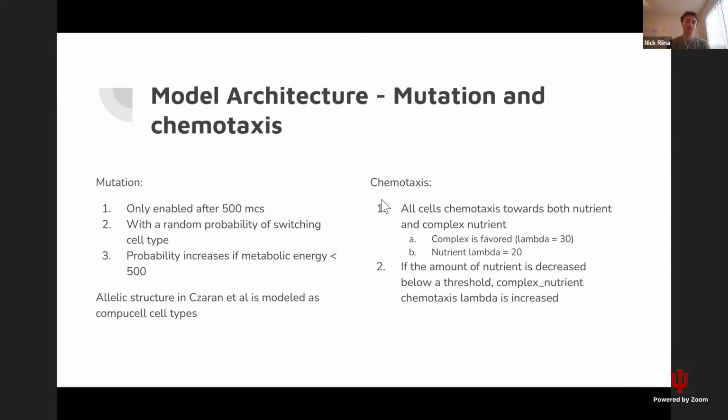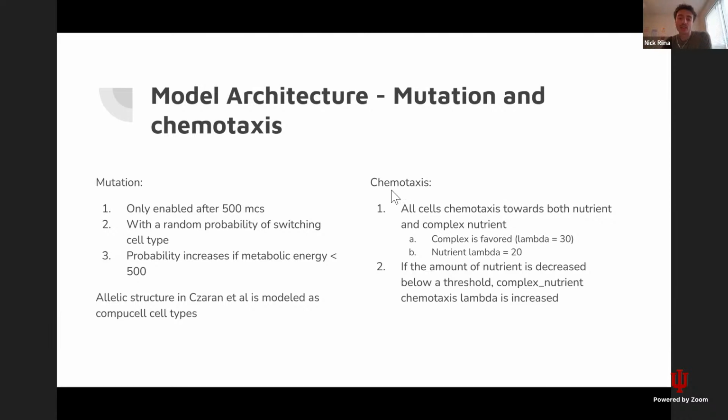And then just some other aspects that we included to make it biologically accurate. We have mutation, like Logan mentioned, stochastic mutation. It started after 500 MCS just to let our cells equilibrate and get our chemical fields in. If their metabolic energy is low, there's a higher chance of mutation, which was modeled after this Cesarin paper.